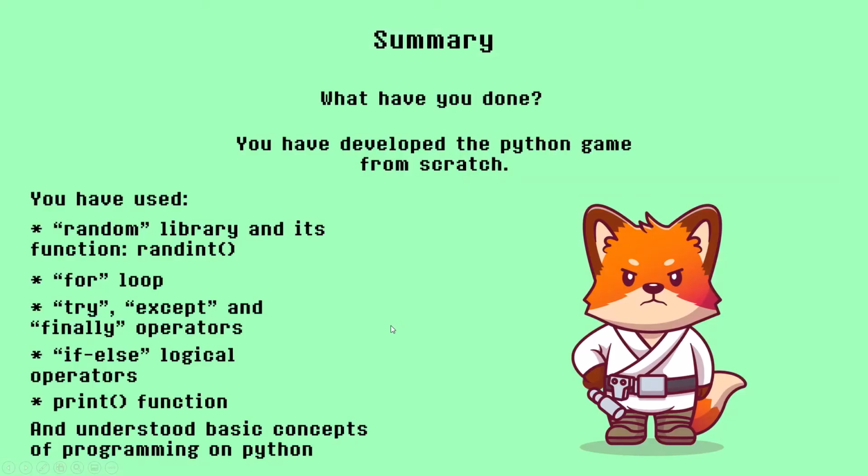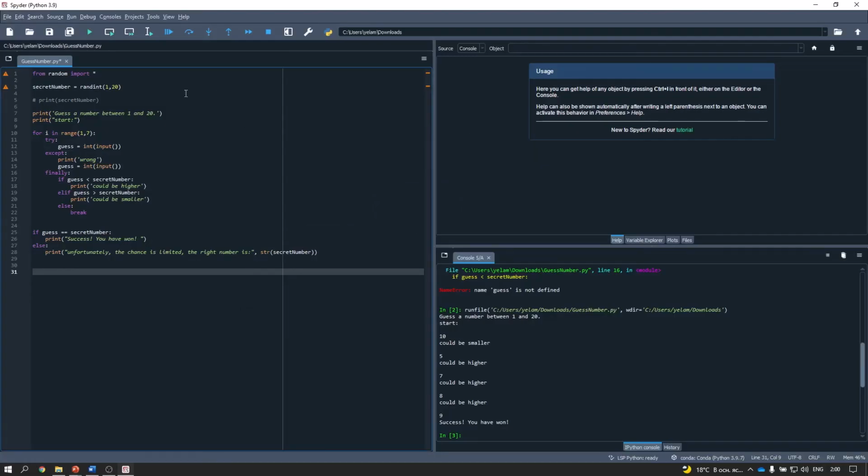And now the summary. So what have you done? You have developed a Python game from scratch. You have used the random library and its function randint. So here you use a library called random and its functions. You define a secret number and used randint, from 1 to 20.